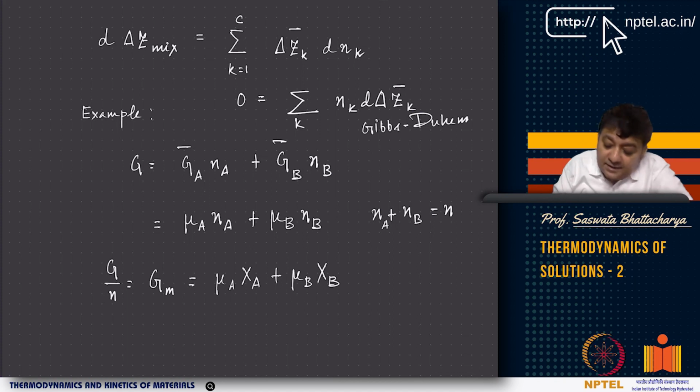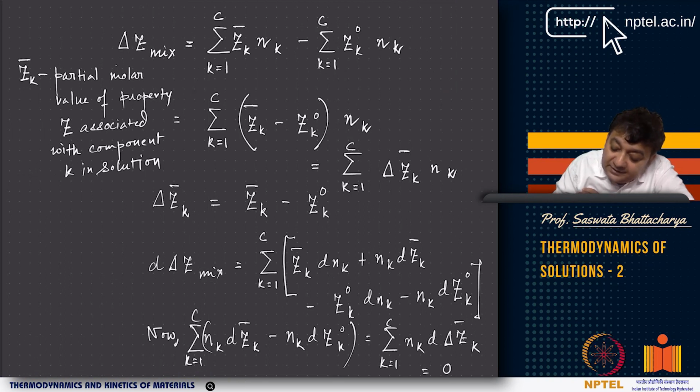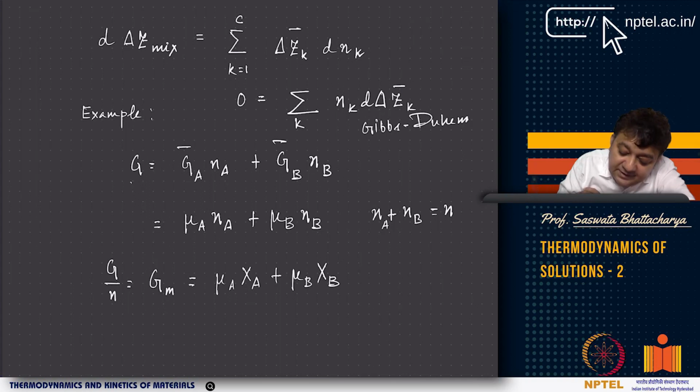Remember, when I am writing G equal to GA bar NA plus GB bar NB, or here in terms of N, this is basically the total Gibbs energy. From now on, when I am looking at a solution, I will generally use this type of notation.